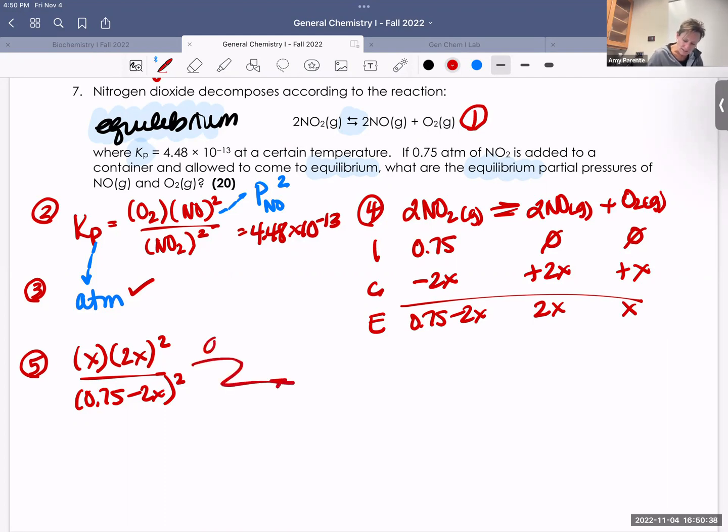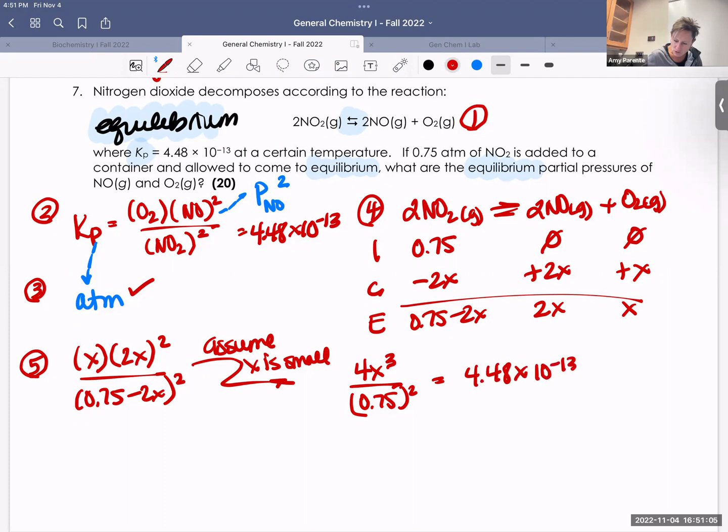We're going to assume that x is small, and you can just write assume. When we assume that x is small, this simplifies so that we've got 4x cubed over 0.75. We still have to remember to square that 0.75. And that's going to be equal to our equilibrium constant, which is 4.48 times 10 to the minus 13.